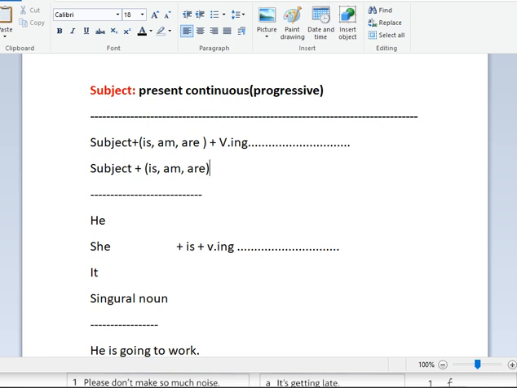It's just about adding not. So I will write with the red color. Then you will add your verb plus ing. Then you will complete your sentence. This is about the negative form.